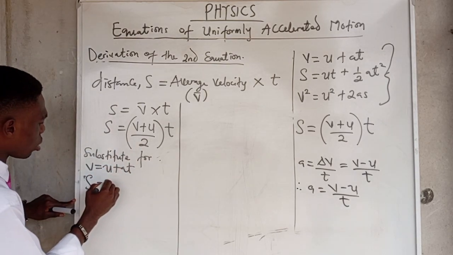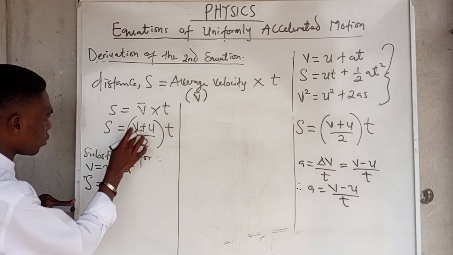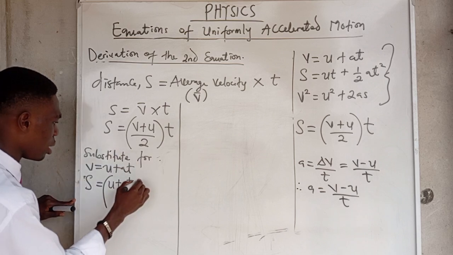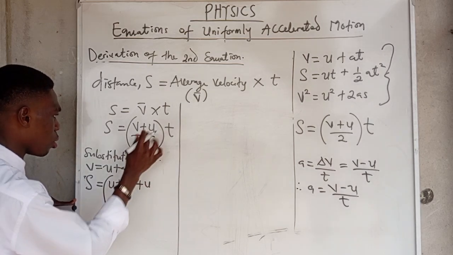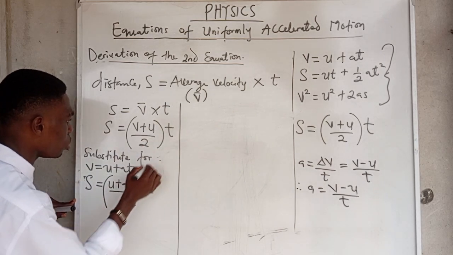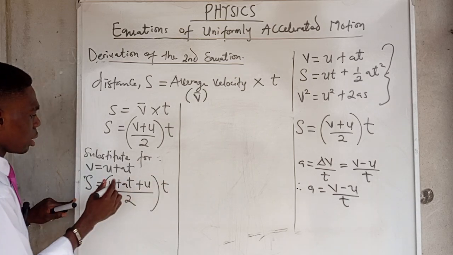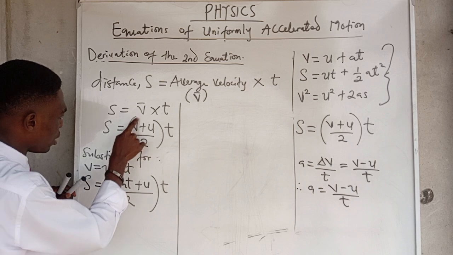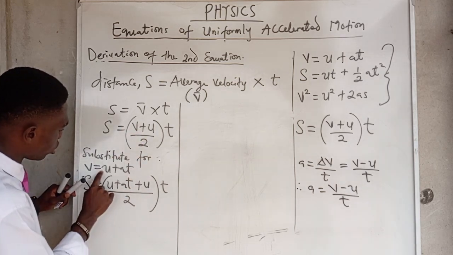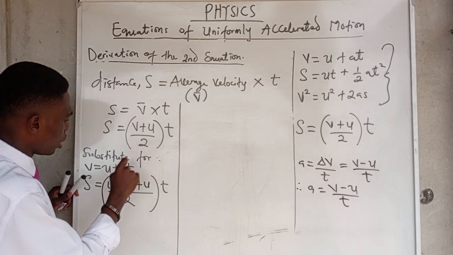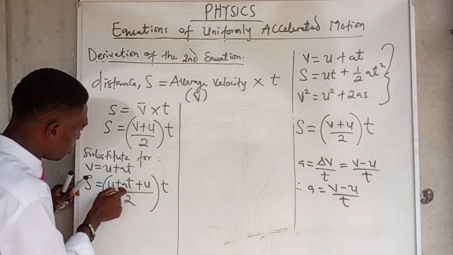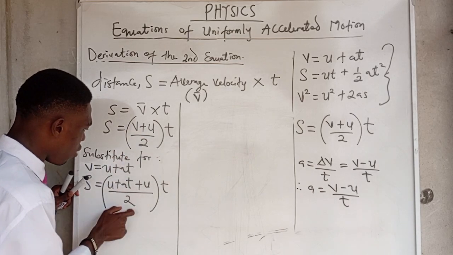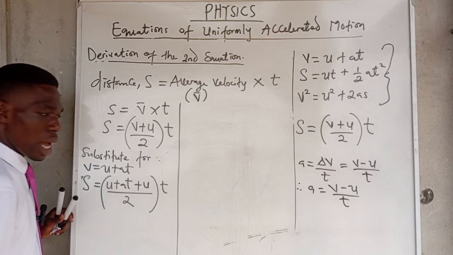So I have S is equal to, open bracket, instead of V, U plus AT, which we derived from the first formula, then plus U, then everything is over 2, then open bracket T. This V is equal to U plus AT from the first equation, and so instead of writing V, I put U plus AT, then plus U over 2, close bracket, then T. Are we following now?